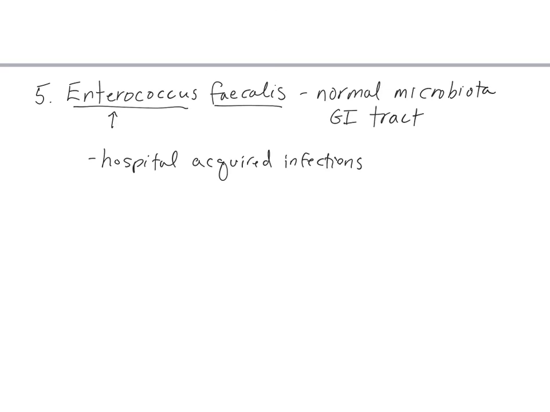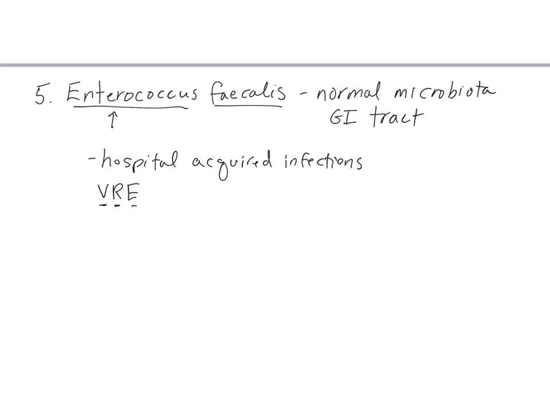So somebody has surgery. There are some strains of Enterococcus faecalis that are causing huge problems because they are resistant to so many antibiotics. There's a strain that we abbreviate VRE, that stands for vancomycin-resistant Enterococci.